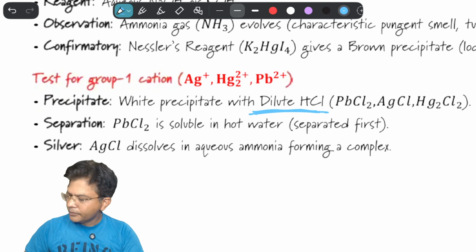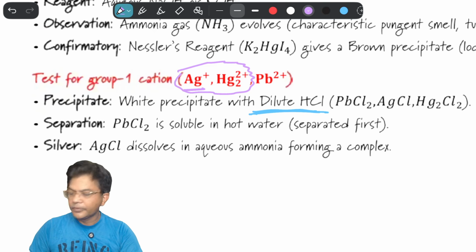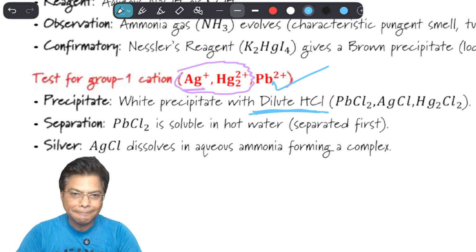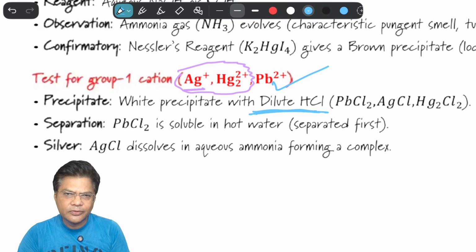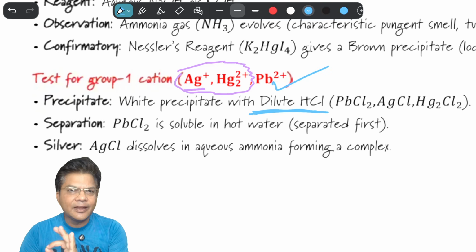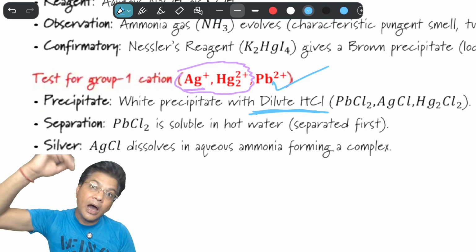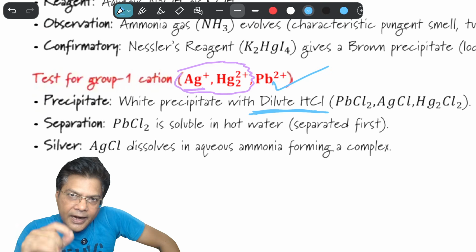In the first group, how many radicals are there? Ag+ and mercurous are not in our syllabus. They are there in the first group, but they are not in ours. Only one is in our syllabus, that is lead, Pb2+. These chlorides have a low Ksp value, so they are easily precipitated. The rest of the others will require a high concentration of chloride and won't precipitate on adding dilute HCl.